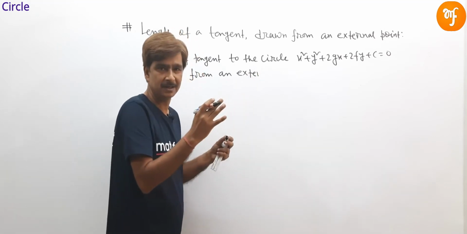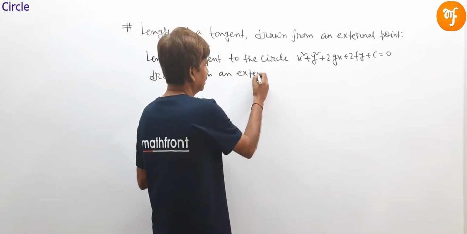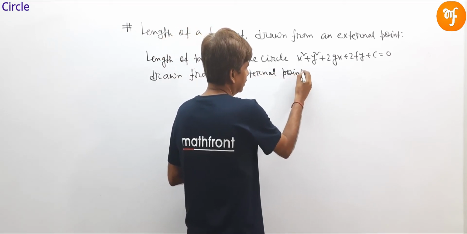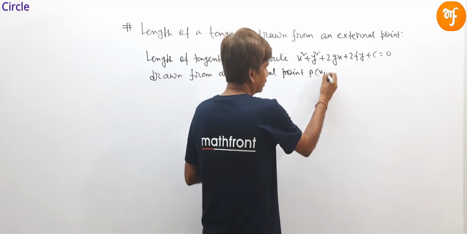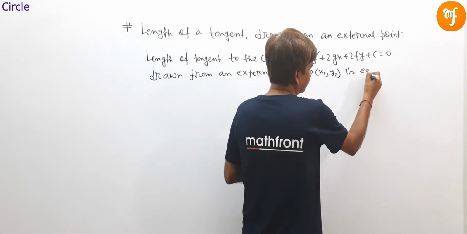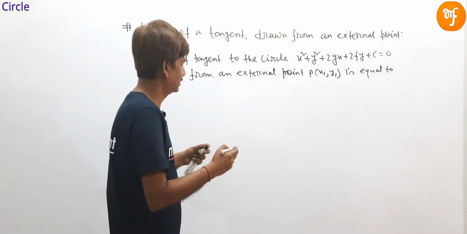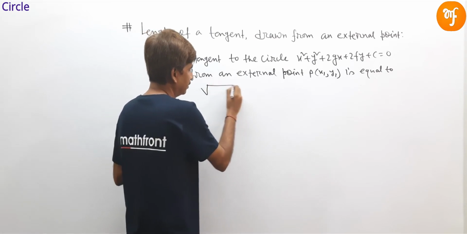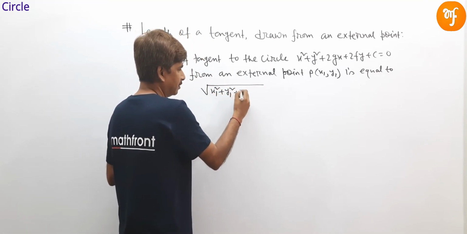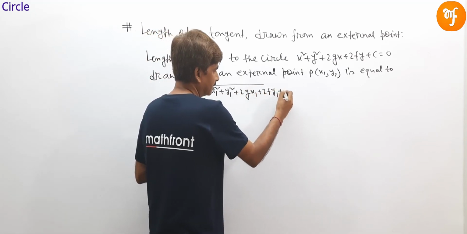External point means the point lies outside the circle. So the external point P, that is x1 comma y1, is equal to, what is the result? Square root of x1 square plus y1 square plus 2g x1 plus 2f y1 plus c.